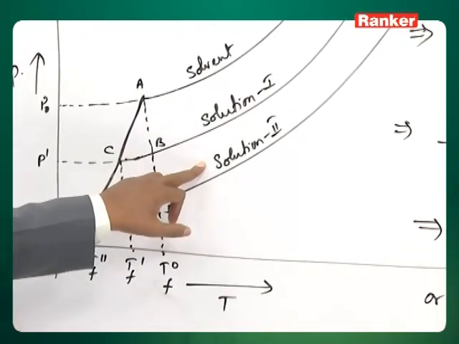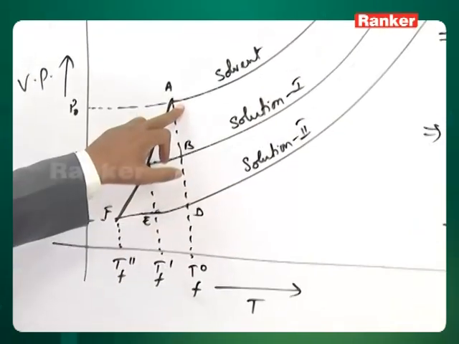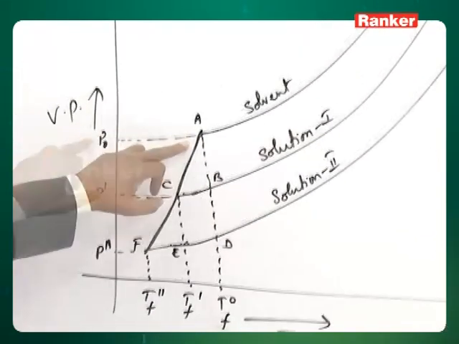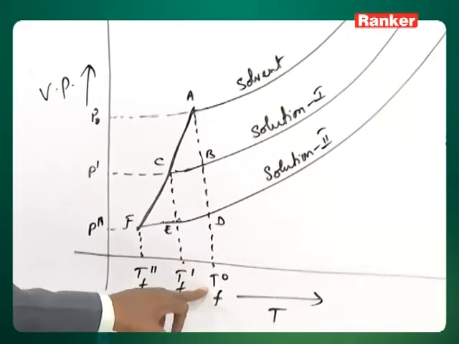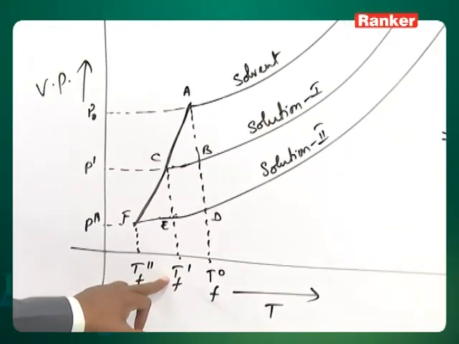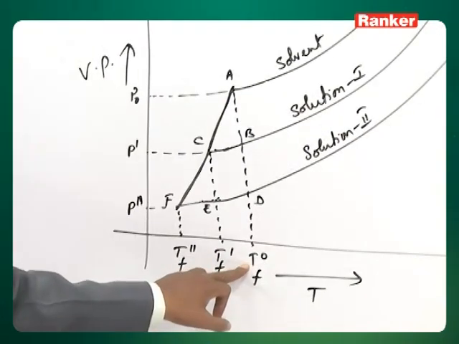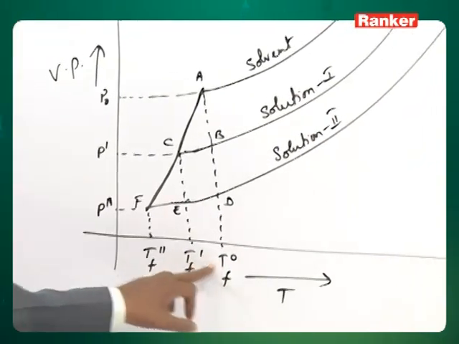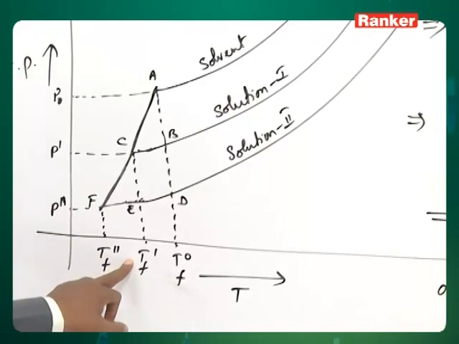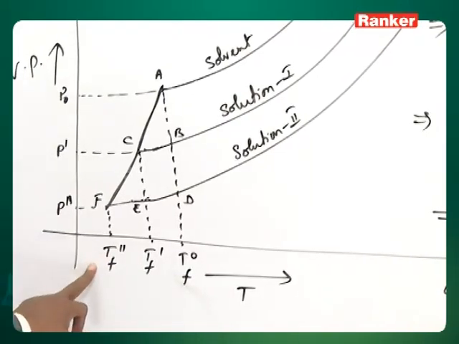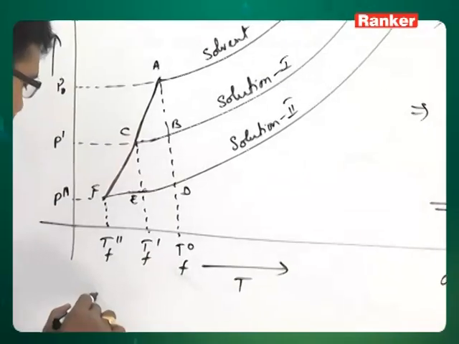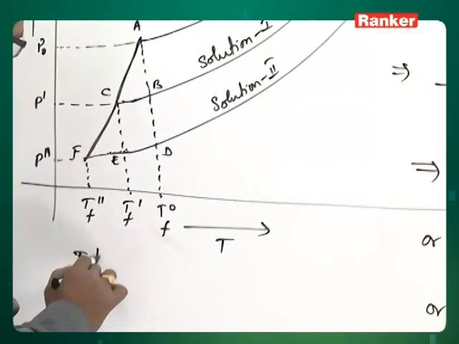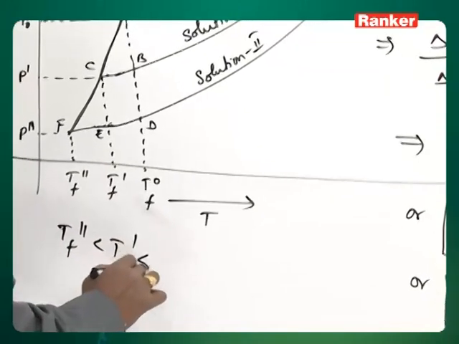Now as you can see, this is the freezing point of the pure solvent, TF naught, which is more than the solution freezing point. This is the freezing point of solution 1, this is the freezing point of solution 2. So as you can see from the graph, TF double dash is less than TF dash is less than TF naught.